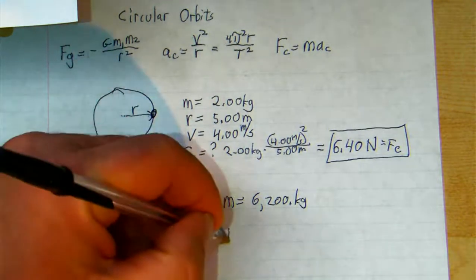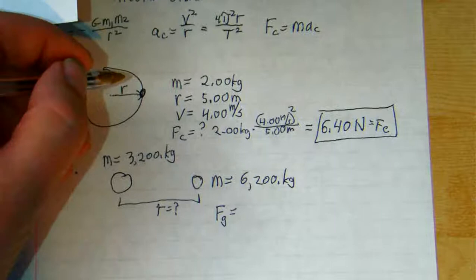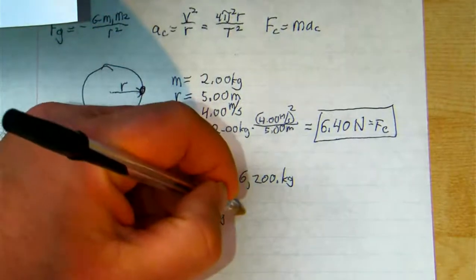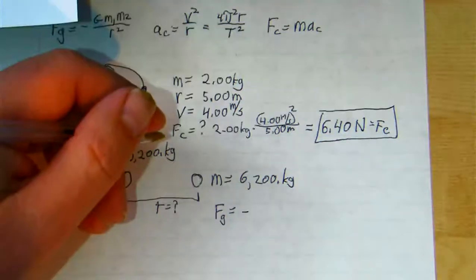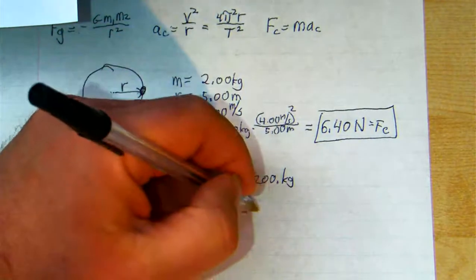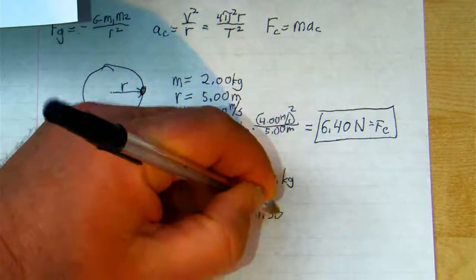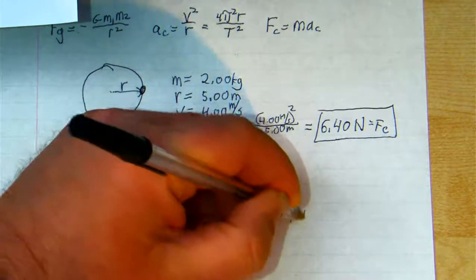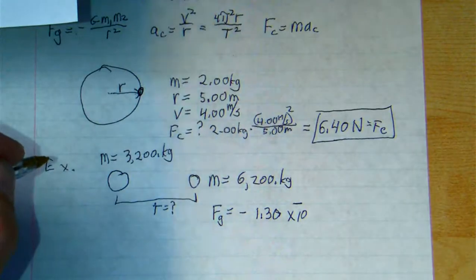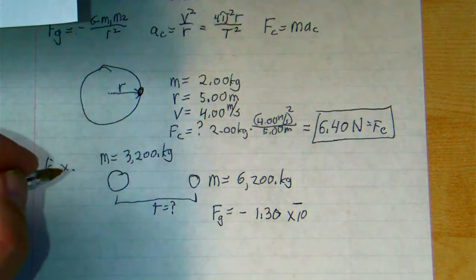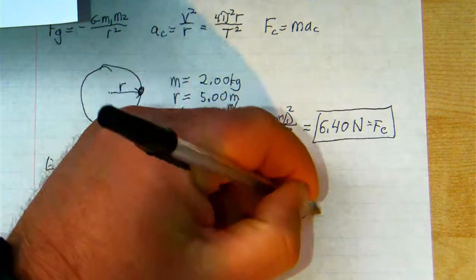But I do know that the force of gravitational attraction between them is, minus sign just means that it's attractive, and this value is something like 1.30 times 10 to the negative ninth power newtons.